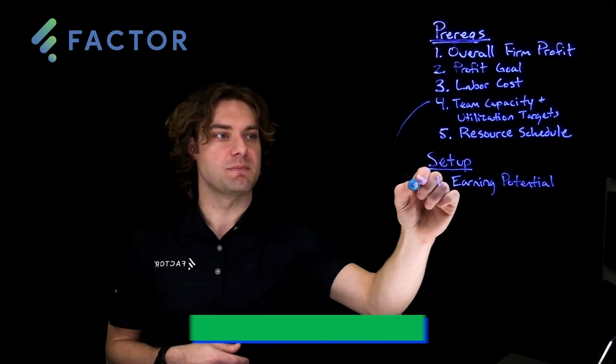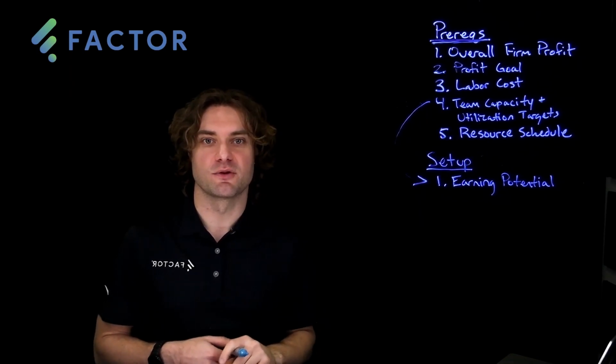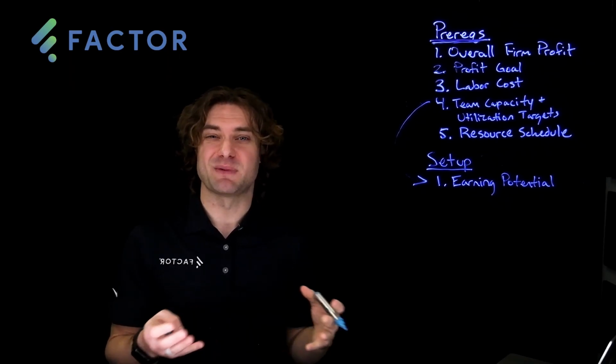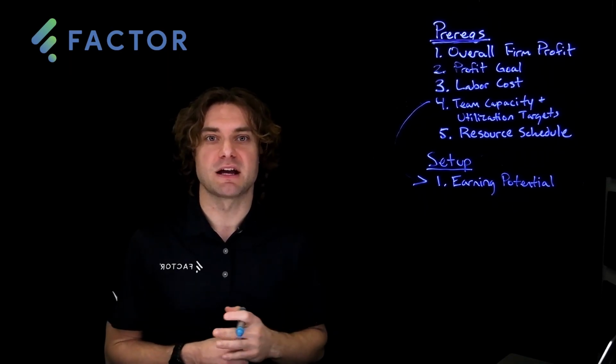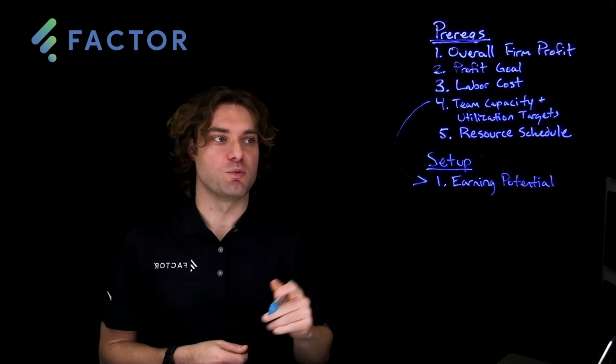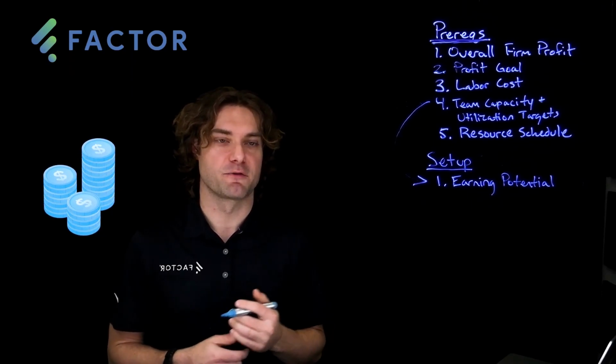So we can make assumptions that if everybody hit their utilization target or their billable percentage target, and they bill the amount that we expect they're going to bill across their different projects at an hourly rate or in fixed fee services, then we have our earning potential, or how much revenue we expect to bring in a month from their services.